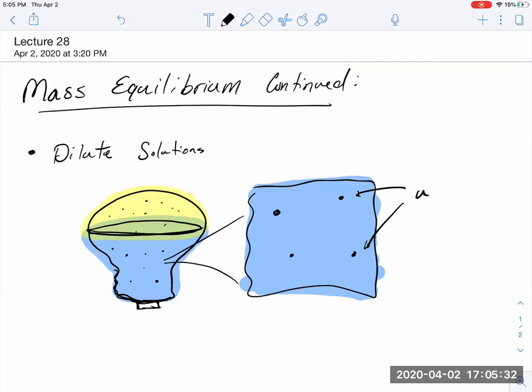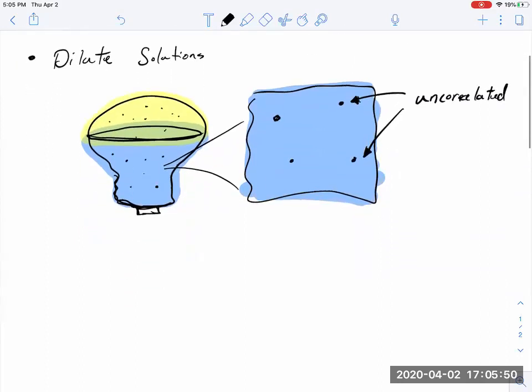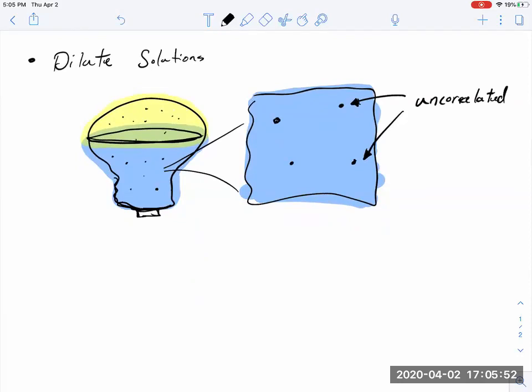So the state of one of those solutes, say that one, or that one, is statistically independent. And we know a lot about the formal implications of uncorrelated fluctuations. For example, we know immediately that the partition function for that set of solutes is going to factorize.